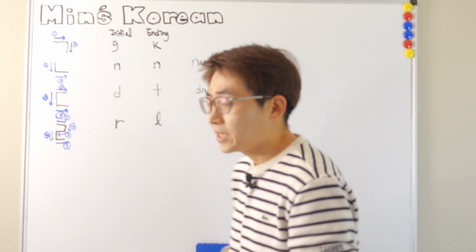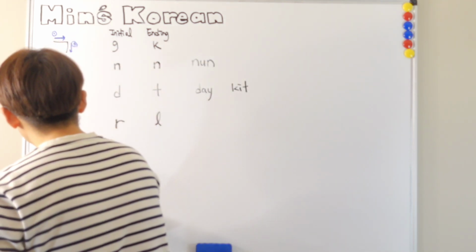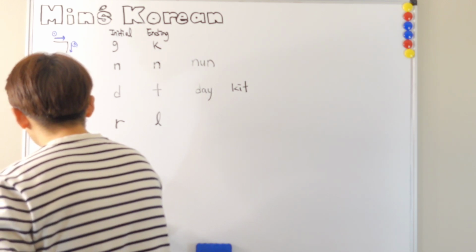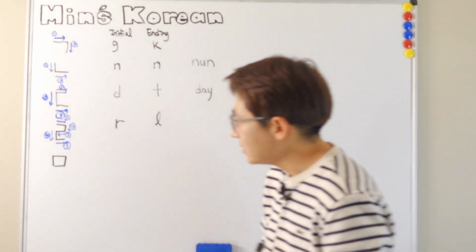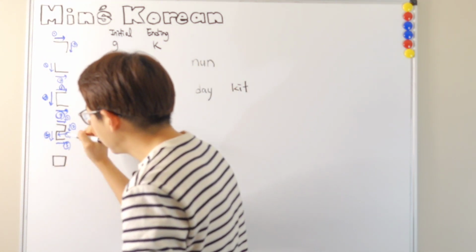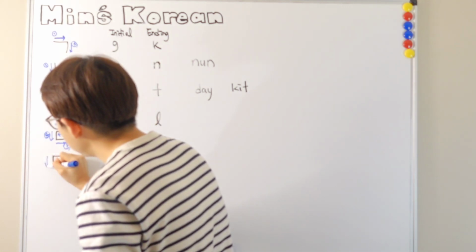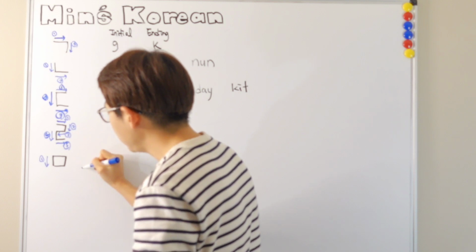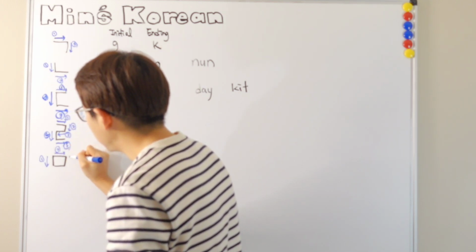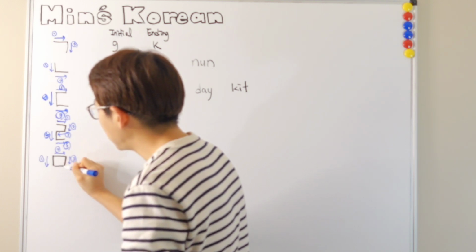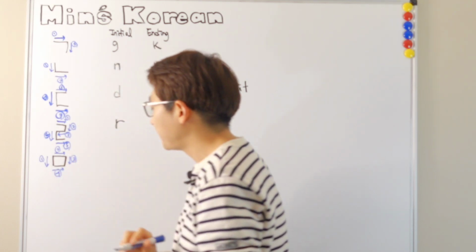Okay? And the next one is this one. 1, 2, 3, 4. And this one is a bit tricky. First, we go down. So this is the first stroke, 1, and then we go left to right, 2, and then 3, and the final ending is 4.